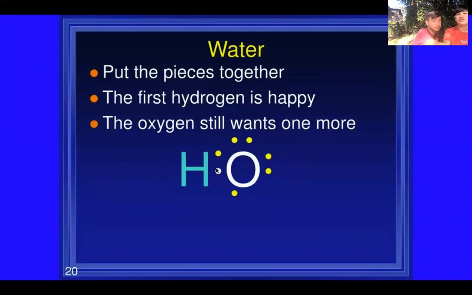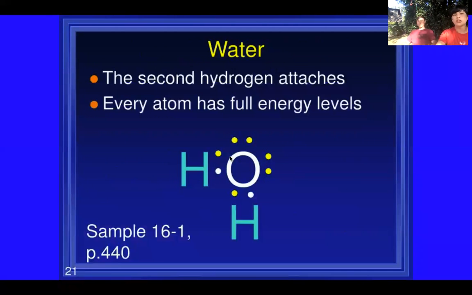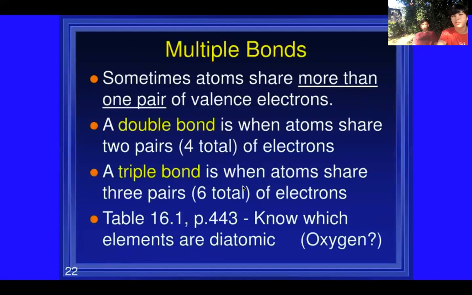So he shares, and that becomes hydrogen has 2. But oxygen is not completely satisfied, so another hydrogen comes up and he shares. So oxygen has 2 partners, practically cheating on the first hydrogen, but still being perfectly happy. And they're all happy, because hydrogen only wants 2, and oxygen wants all 8.